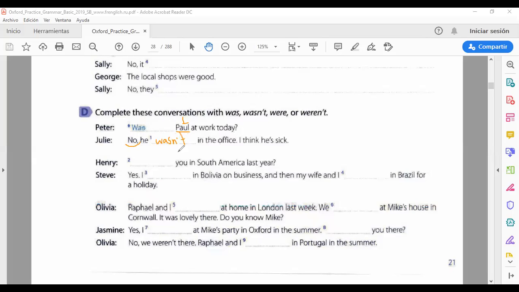And the short form is wasn't. Now, Henry, you were in South America last year, because I'm talking about one, actually I'm using you. I have to use were, okay? You were, and I'm gonna show you why, okay?